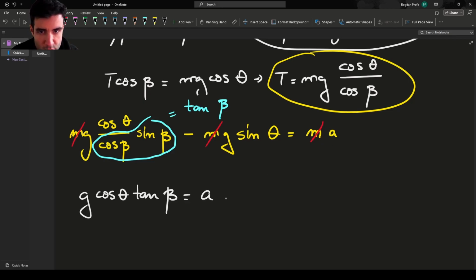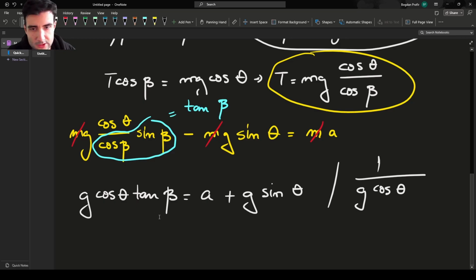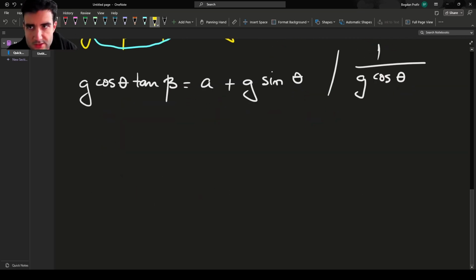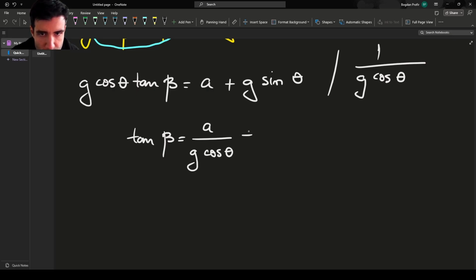So we have plus g sine of theta, and then I'm going to divide everything by g cos theta. This will give us just tan beta on this side, and this is equal to a over g cosine theta plus tan theta.